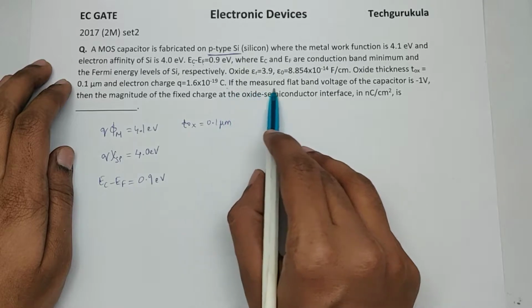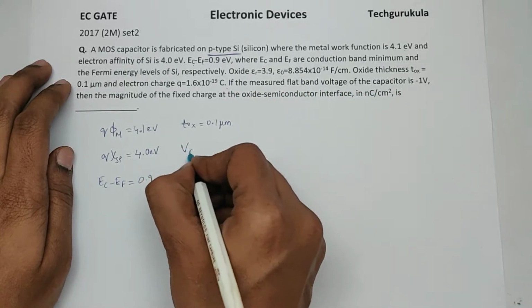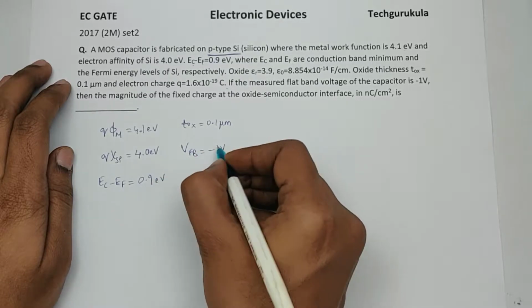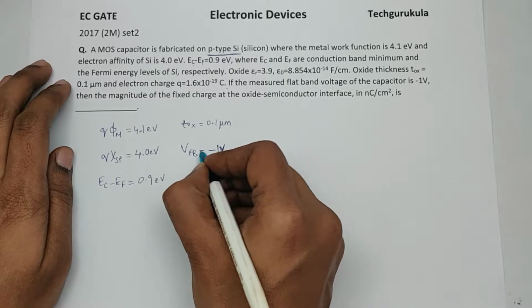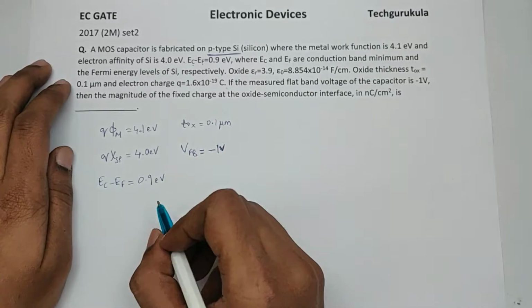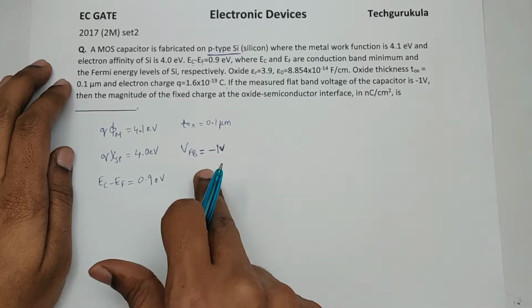Now, the measured flat band voltage of the capacitor is minus 1 volt. According to our definition of an ideal MOS capacitor that we discussed, this is not an ideal MOS capacitor.